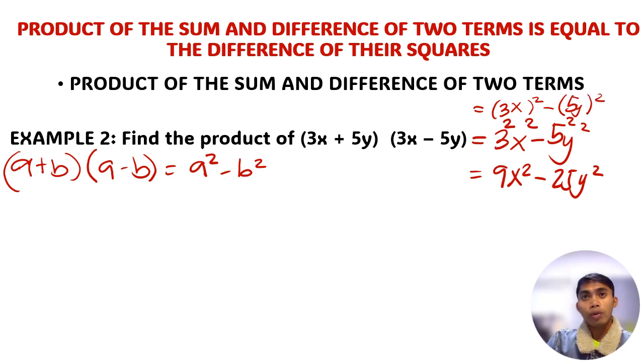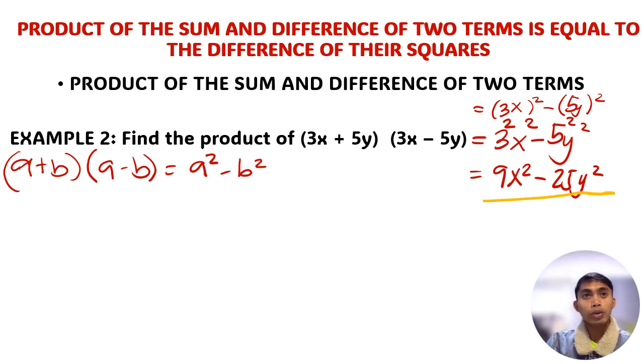So that's why we need to distribute the square to both terms, numerical and literal coefficient. So that's why 3 became 3 squared x squared minus 5 squared y squared. So our final answer is 9x squared minus 25y squared.